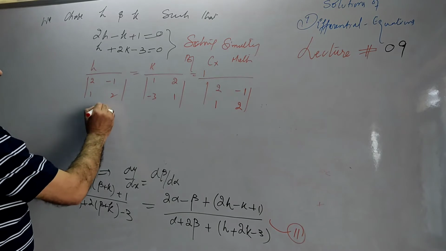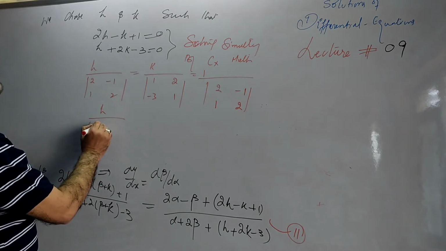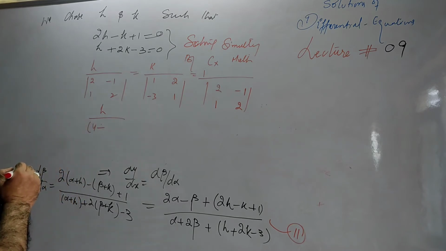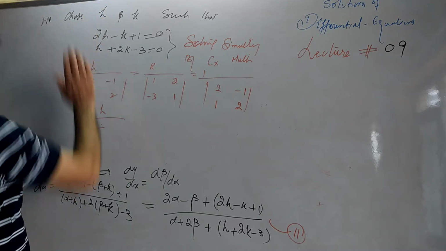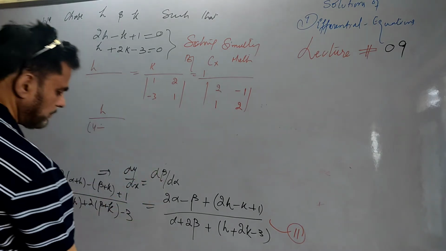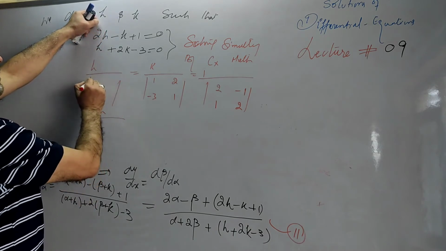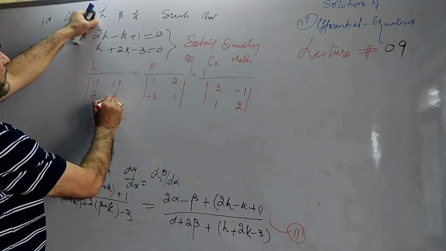This is your h, 4 plus 1. I'm sorry, we made a mistake here. We have to delete this. Delete this. It is minus 1 2, 1 minus 3.